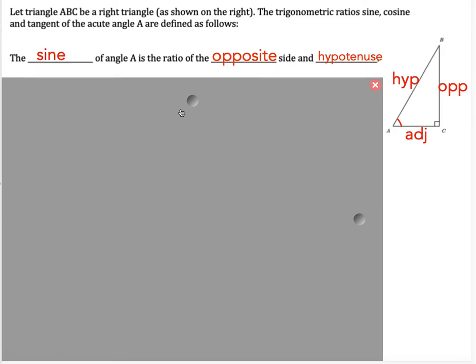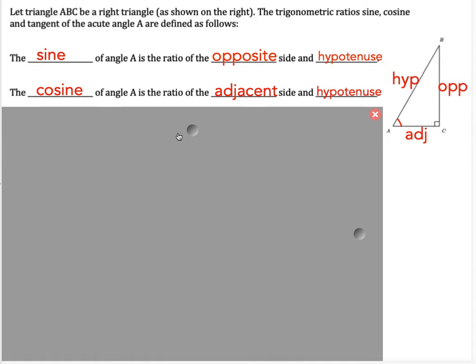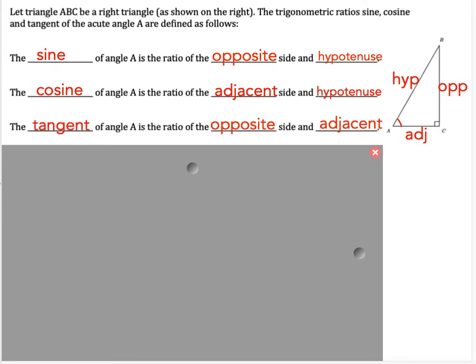Cosine is equal to the adjacent side divided by the hypotenuse. And tangent, from angle A, is equal to the ratio of opposite and adjacent, the opposite divided by the adjacent.